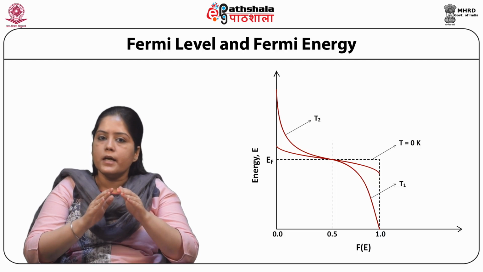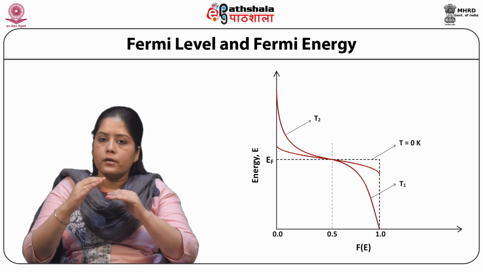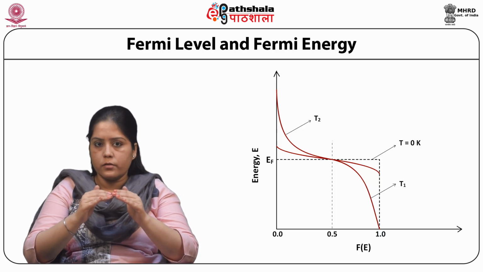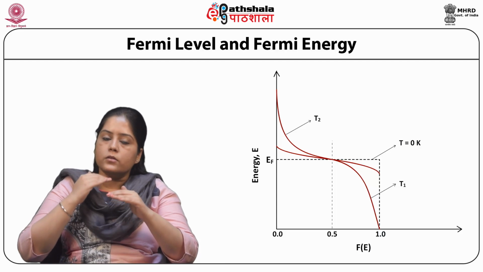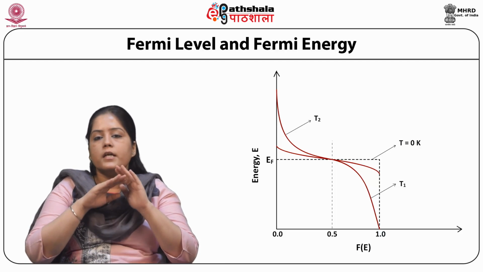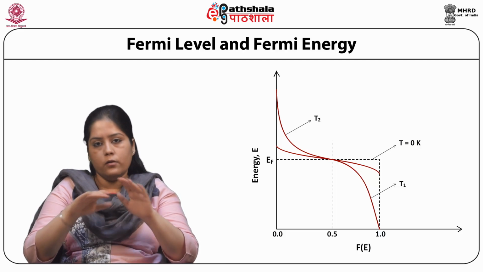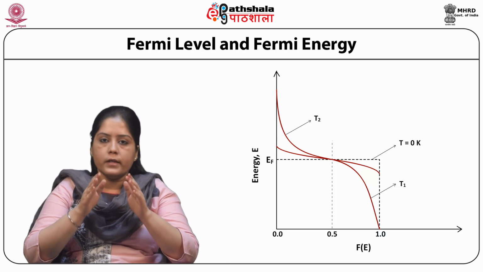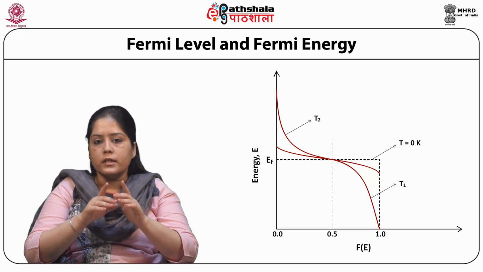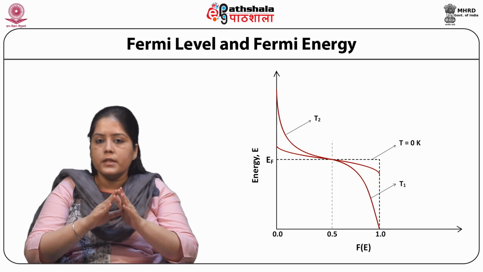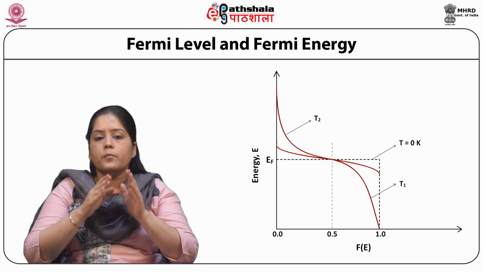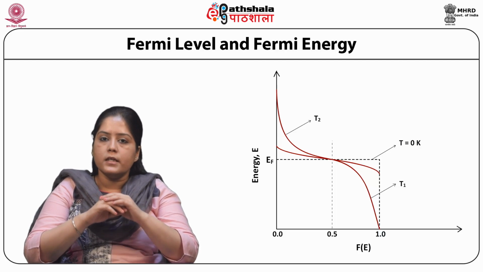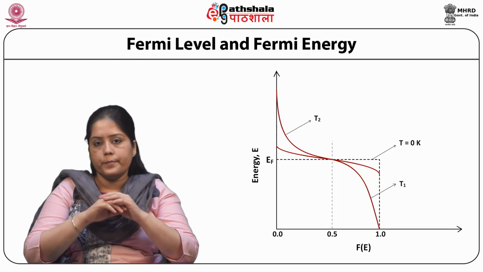The energy states above EF have a low probability of being occupied by electrons, whereas those below EF are likely to be occupied. The Fermi energy level, or EF, is the energy at which the probability of a state being filled by an electron is exactly equal to 1 by 2.